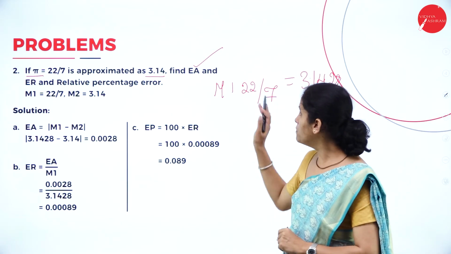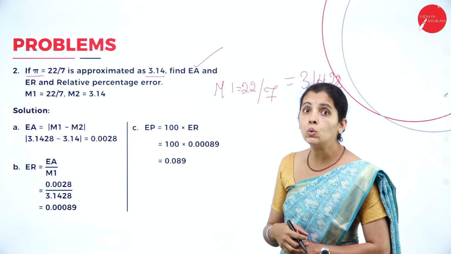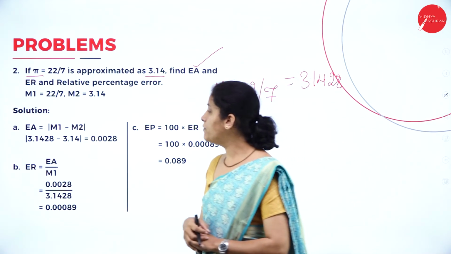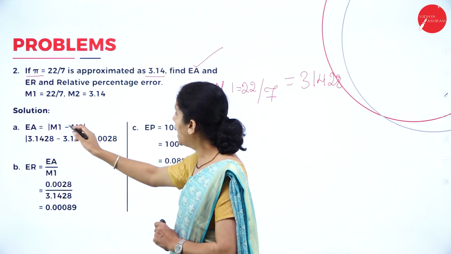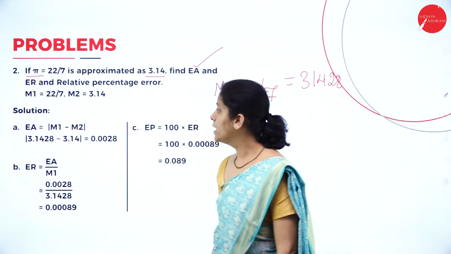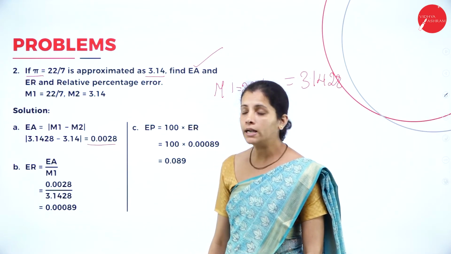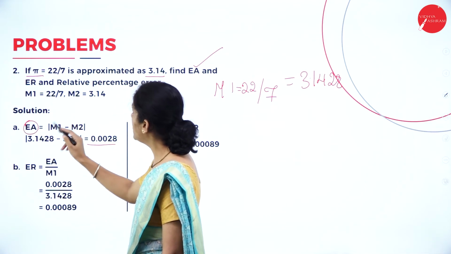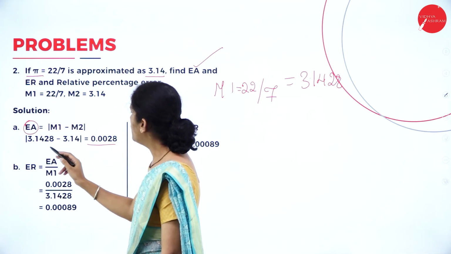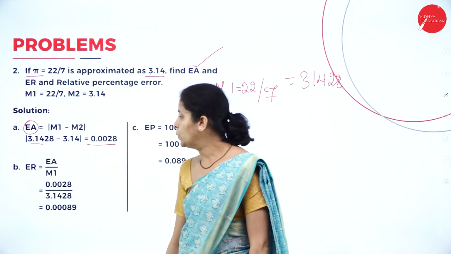So what is M1? That is the exact answer or the true value. Then what's the formula? EA equal to mod of M1 minus M2. When I subtract, I'm going to get this result. Then what is ER? ER is nothing but EA divided by M1, where M1 is 3.1428.